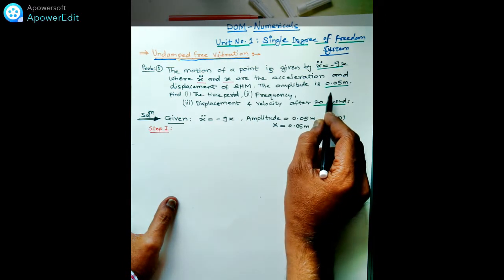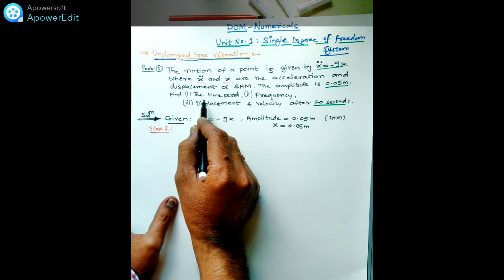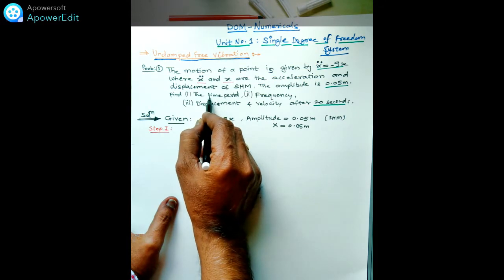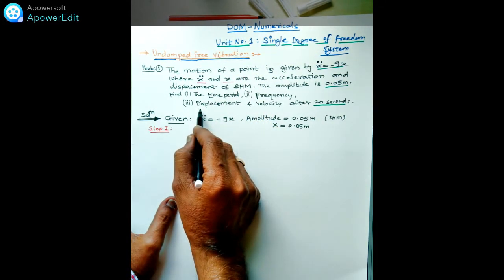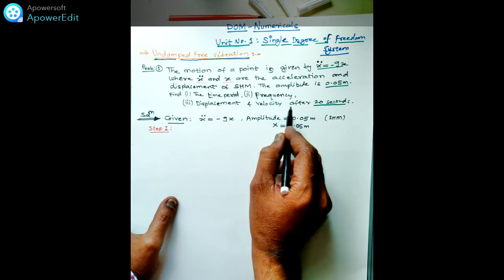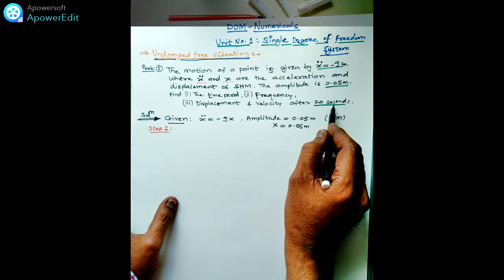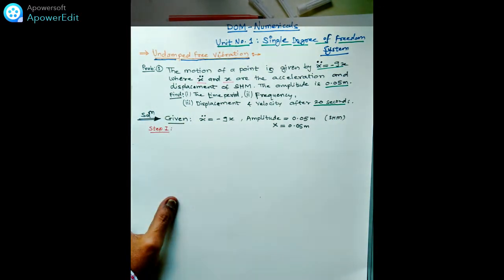The amplitude is 0.05 meter. What we have to find out? Find out the time period and the frequency, and third, the displacement and velocity after 20 seconds. Three things we have to find out here, friend.